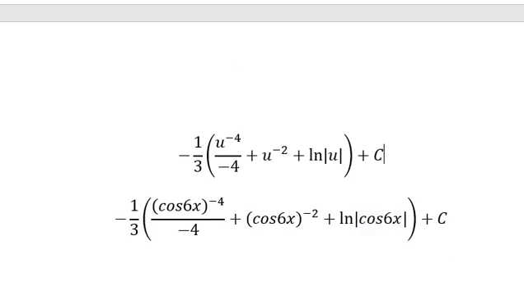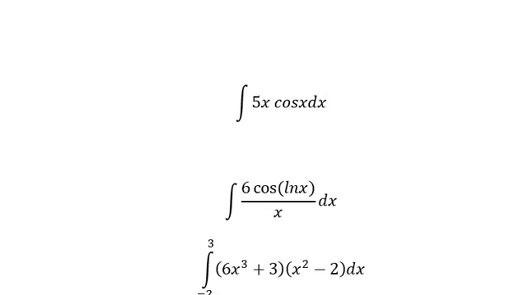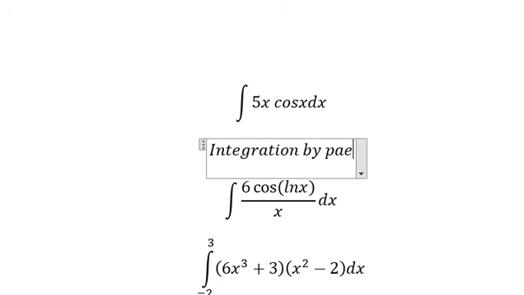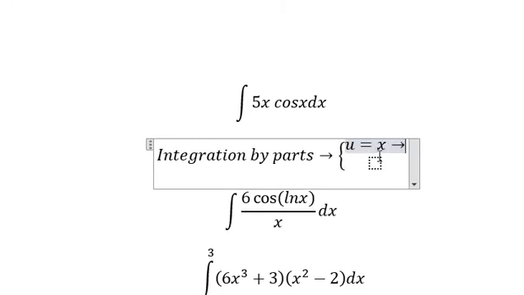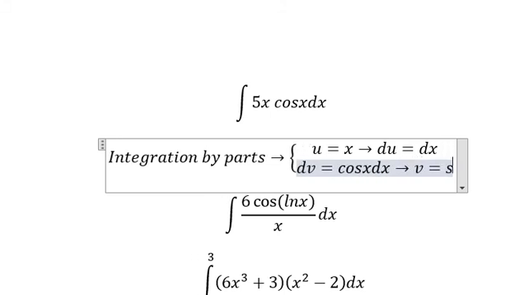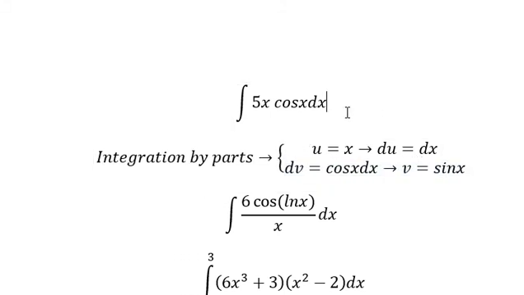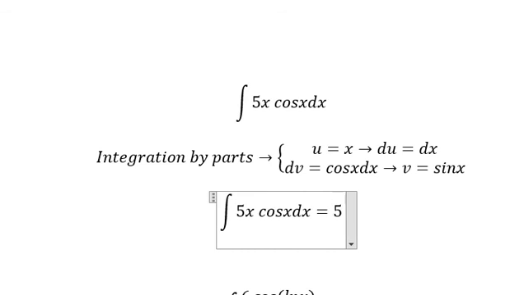Now we go to the next one. In this situation, we need to use integration by parts. So we have u equal to s, du equals ds, dv is cosine s dx. So you get v equal to sine s. Because we still have the number 5 in here, we keep the 5 for the next one.